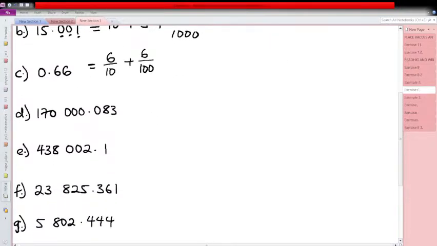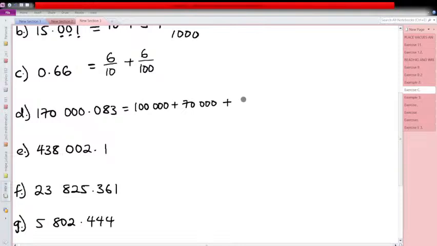D is equal to 100,000 plus 70,000. That's all for the whole number part because we have 170,000.083.